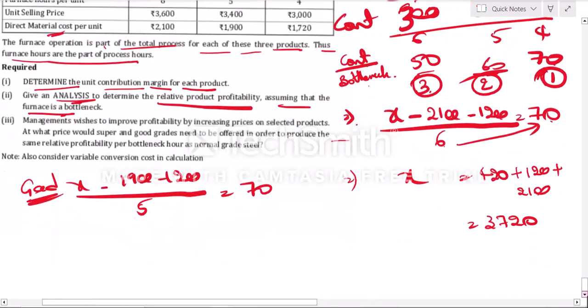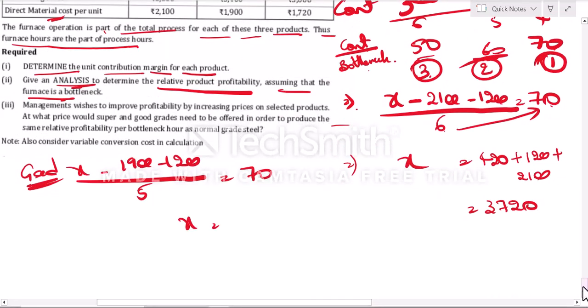They also want 70. So x equals 5 into 70 plus 1900 plus 1200. So 3450. If they charge 3450, they can earn the same contribution as what normal grade is earning. So that's all the answer.